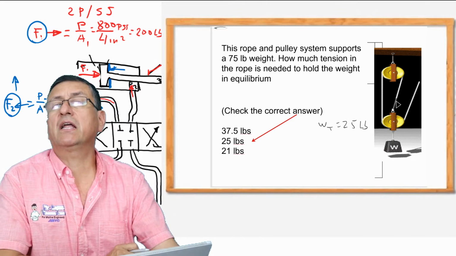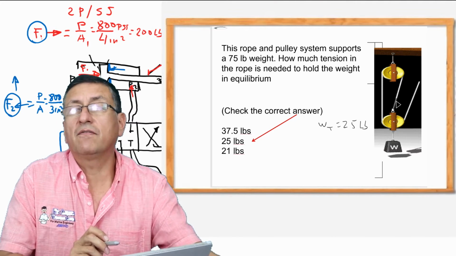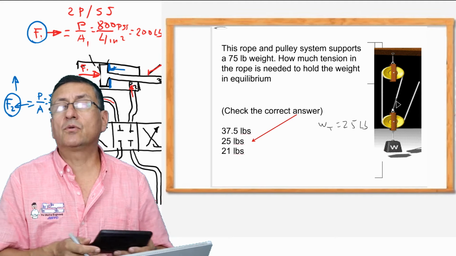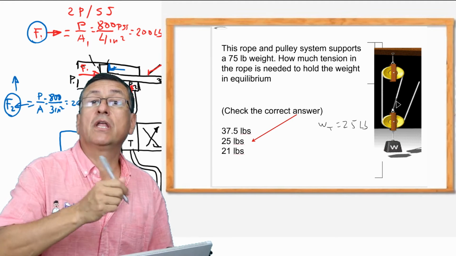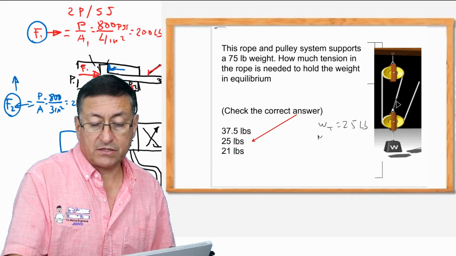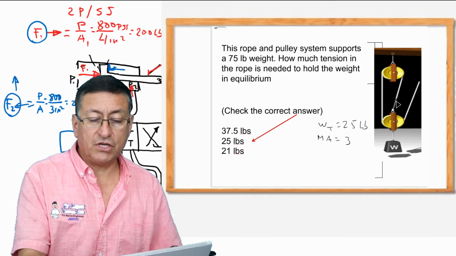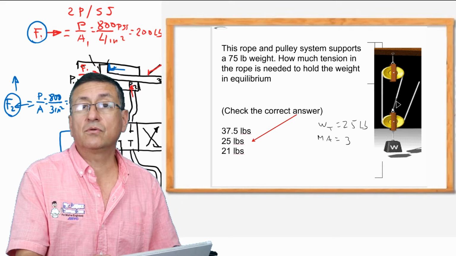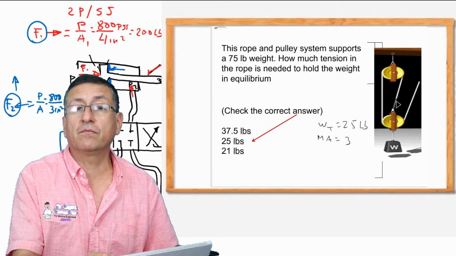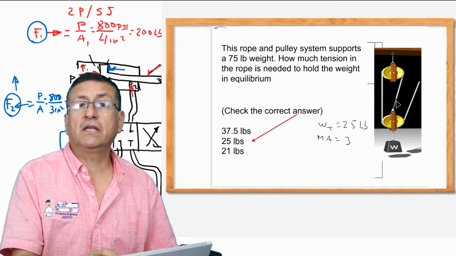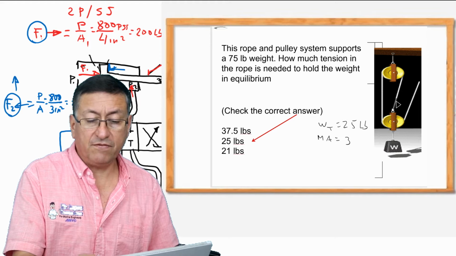And how much is the mechanical advantage of that system? You have 1, 2, and 3 ropes, and the end is going up. The mechanical advantage in that system is 3. And the question is how much is the tension in order to keep the system in equilibrium.